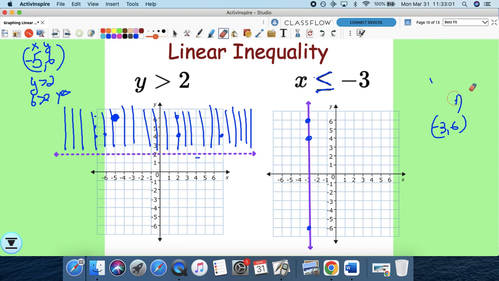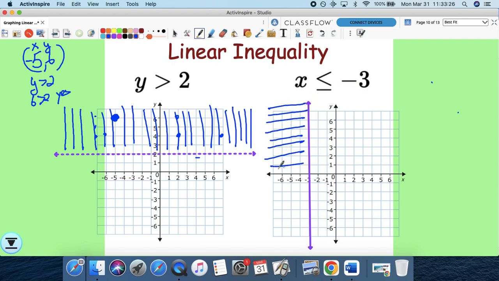Now, the inequality here says I want you to show me all the points, or the area in this case, where x is less than or equal to -3. Well, because it's less than, we're going to go to the left, because that's less than -3.